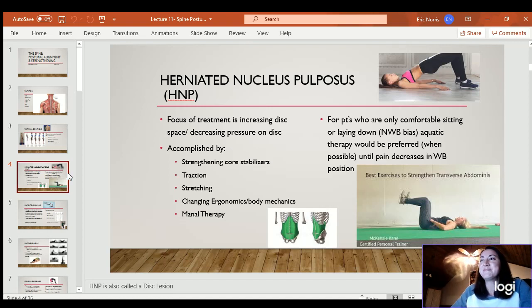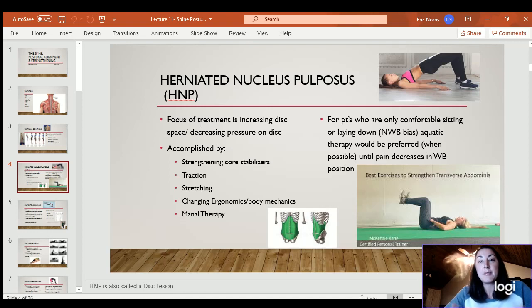So with our herniated nucleus pulposus, that is basically your disc in between the bones of your spine, which is like a jelly donut. You have two hard bones that it sits in between, and it's like a jelly donut. The center is gel, and then there's kind of a soft, cushiony surrounding all around.